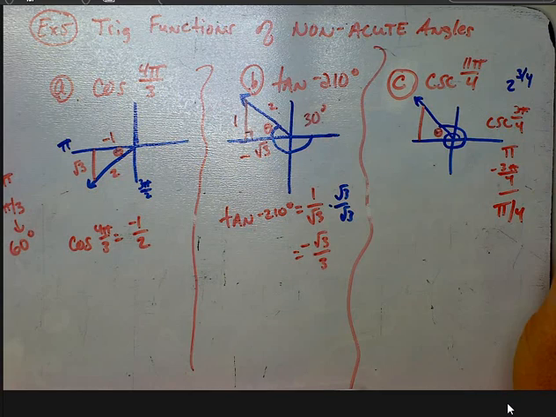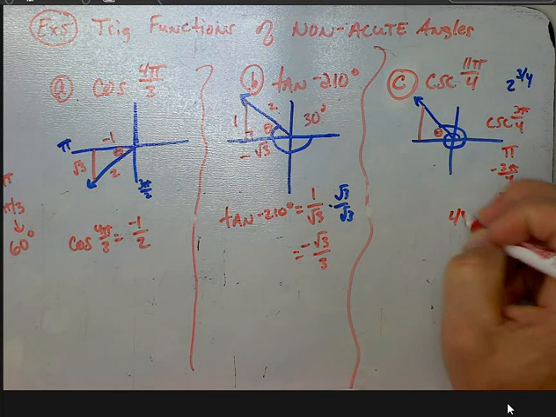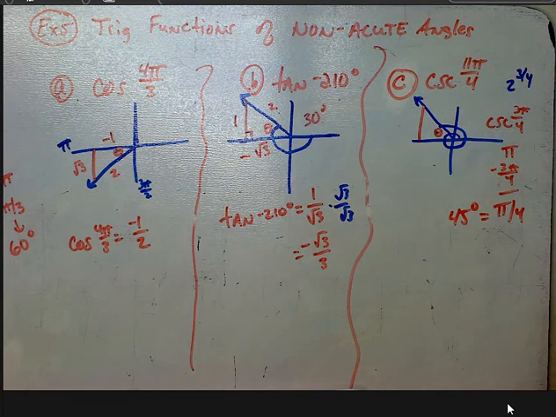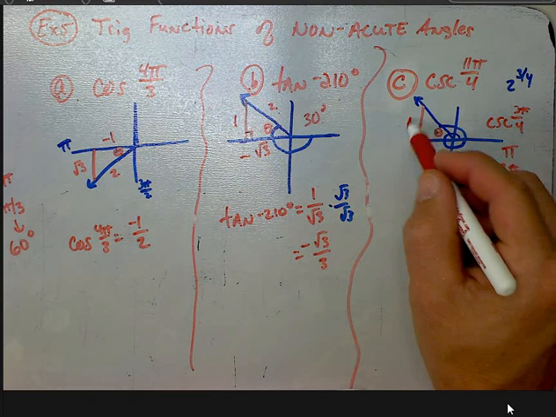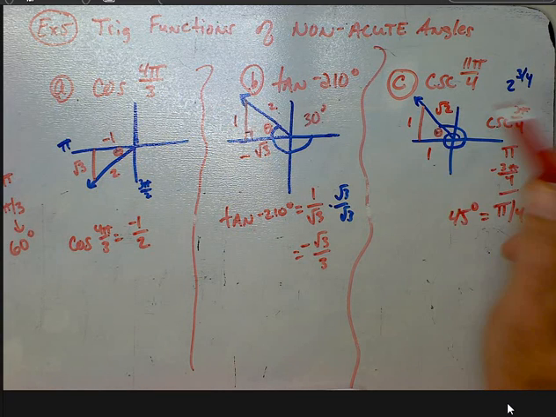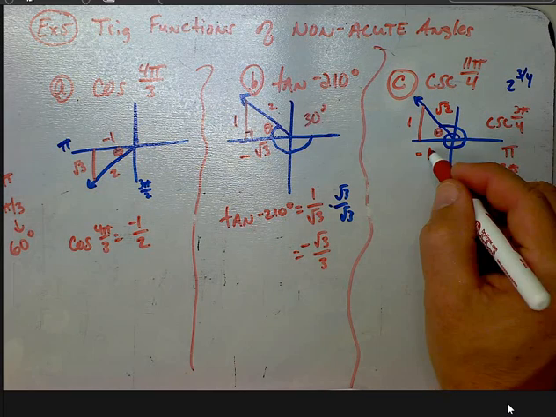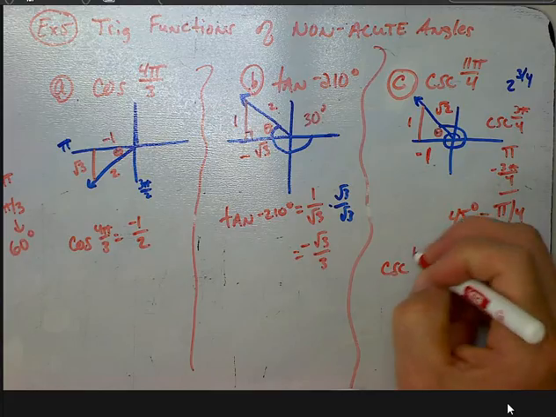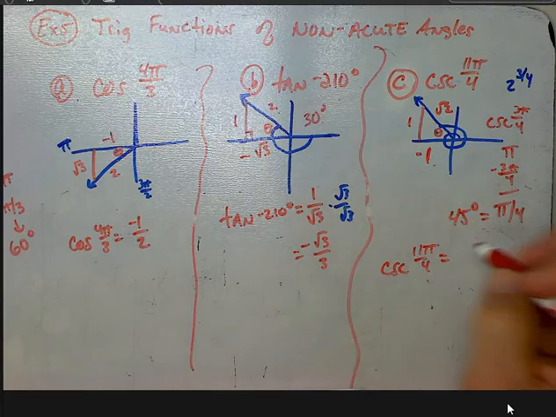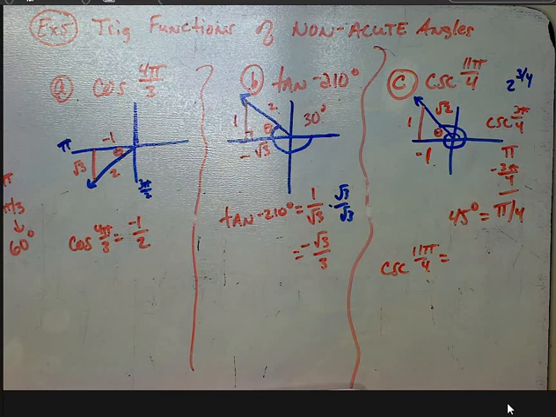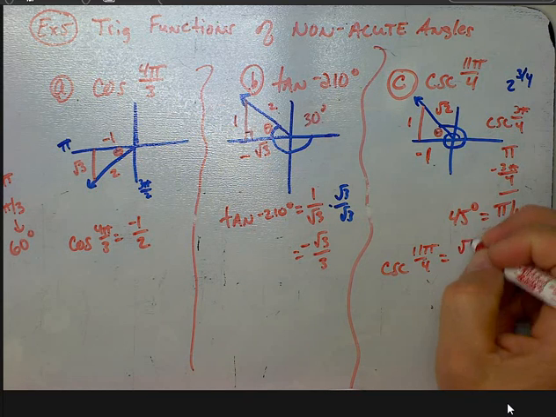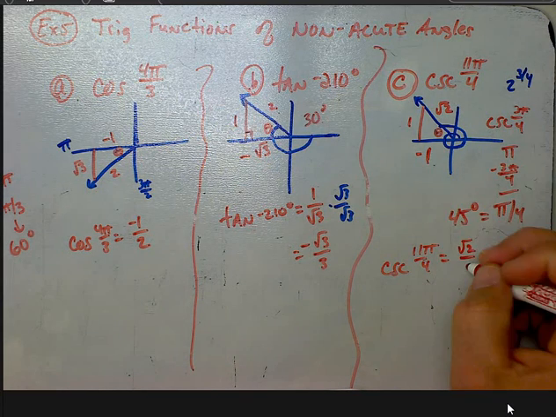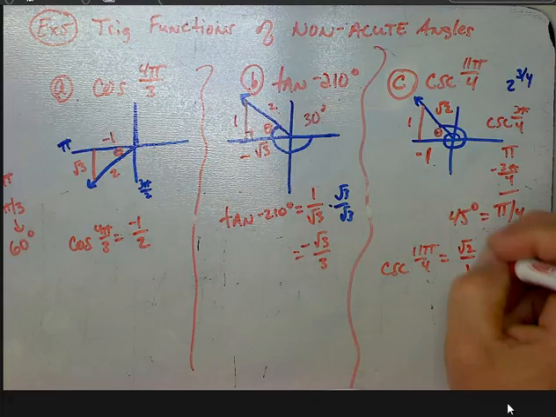I know pi over 4 to be 45 degrees. So 45 degrees is 1, 1, square root 2 because it's a 45, 45, 90 triangle. This one is negative because it went back 1. And so to find the cosecant of 11 pi over 4, cosecant is hypotenuse square root 2 over opposite 1. So the answer is square root of 2.